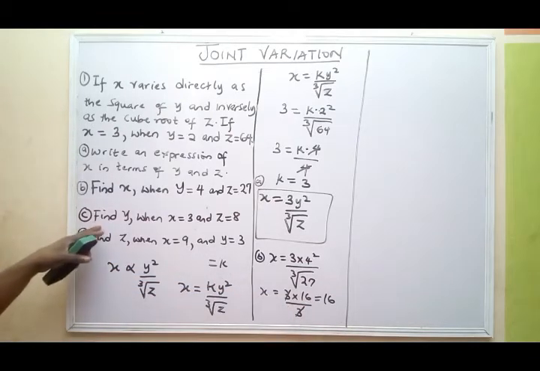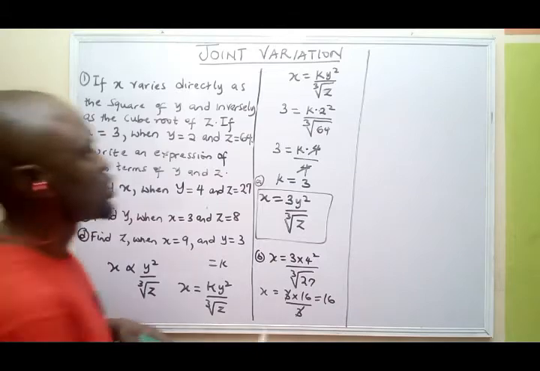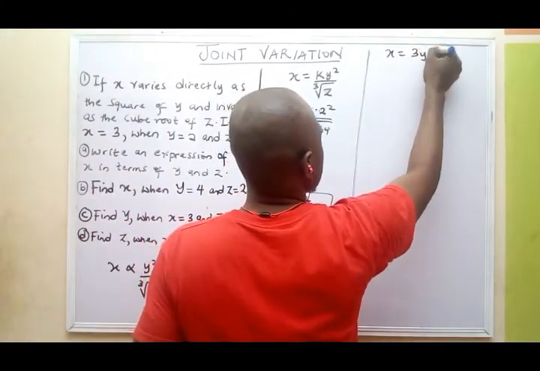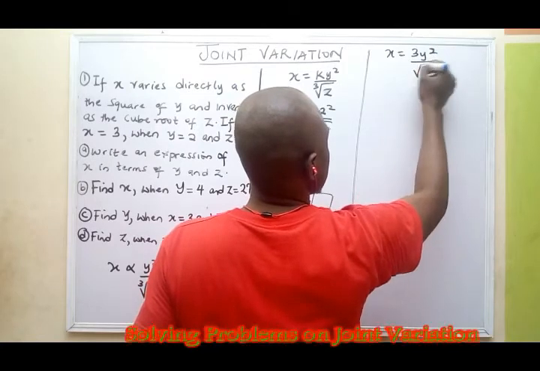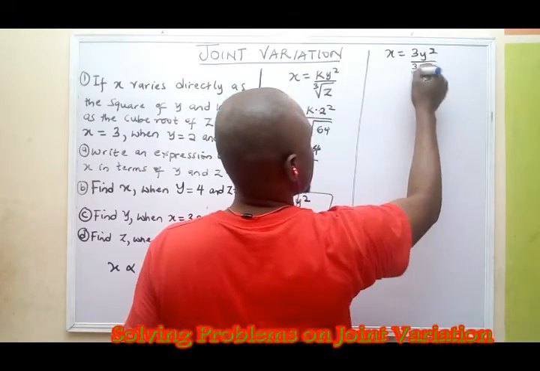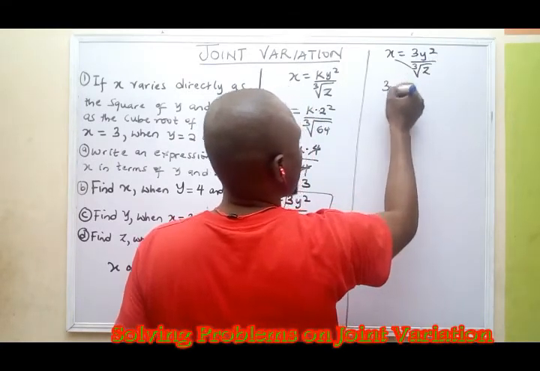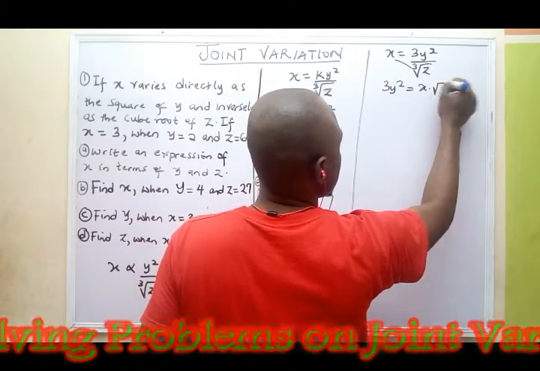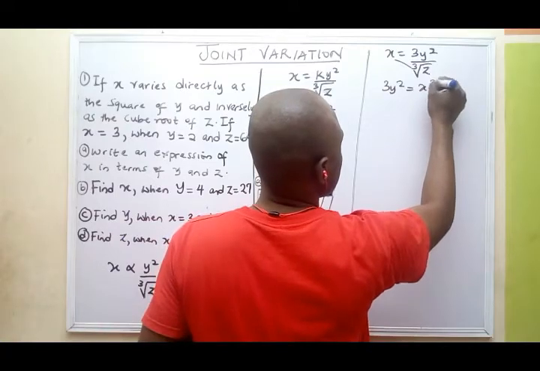I want to look at the c part. I want to find y. So I'll go back to the same expression: x equals 3y squared over the cube root of z. So I express 3y squared equals x times the cube root of z.